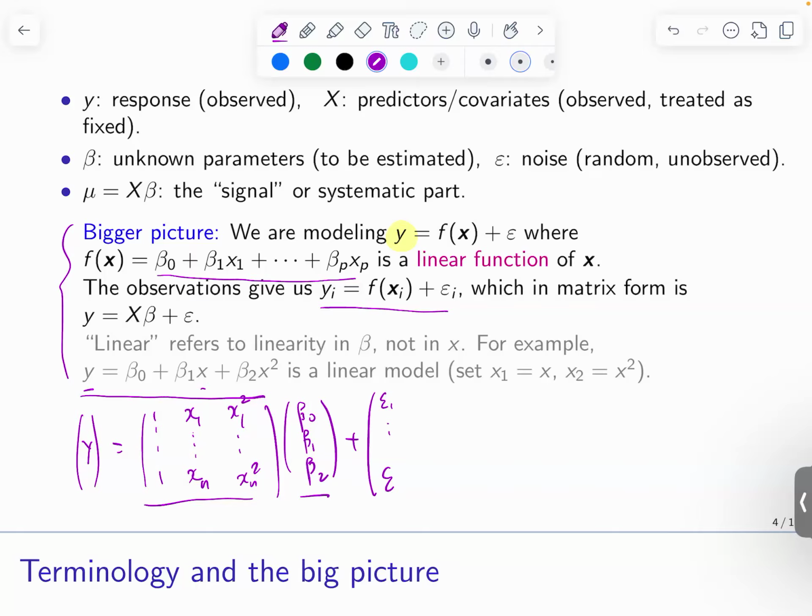So you get basically a design with 3 columns. It's something that at first might not be obvious, but it's still a linear model because we care about the linear structure of the data. Sounds good? Okay.